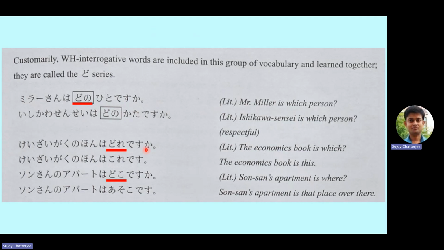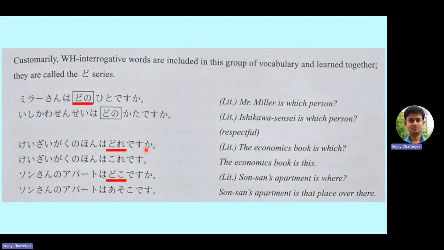Which is the economics book? And if we want to ask where is the economics book, then it will be doko. That means Keizai gaku no hon wa doko desu ka? That means where is the economics book? So this is the difference between dore and doko. Doko means where and dore means which.